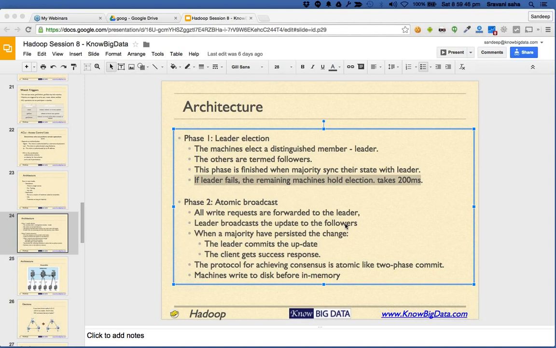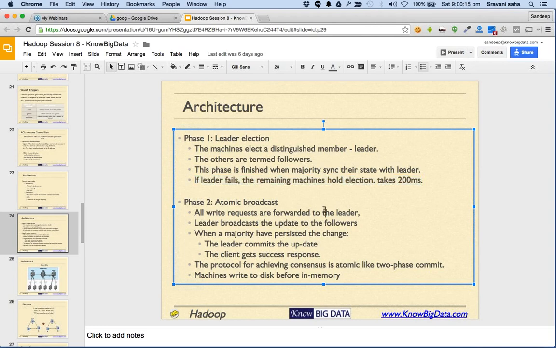So the moment the leader fails to perform and is not responding to the ping request, there will be re-election and somebody else will be made the leader. So you can see that in the cases where the leader has failed, there will be no leader for 200 milliseconds, and therefore there will be a glitch of writing requests for 200 milliseconds.